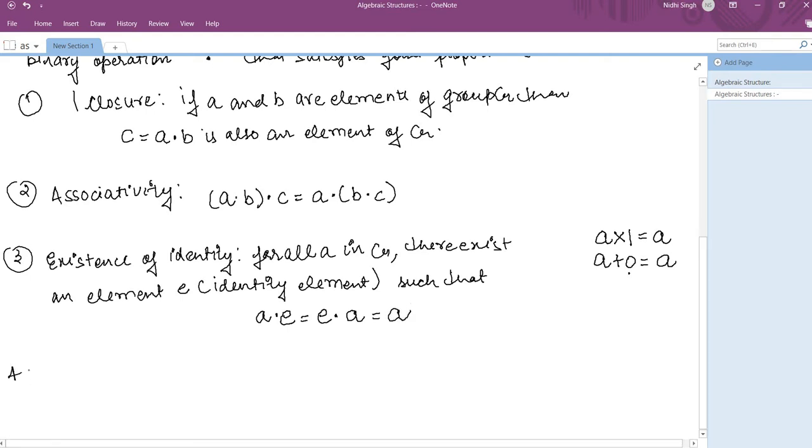So mirroring concept. The fourth one is existence of inverse.